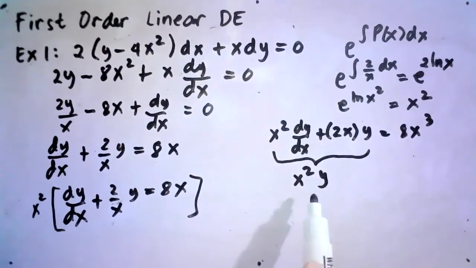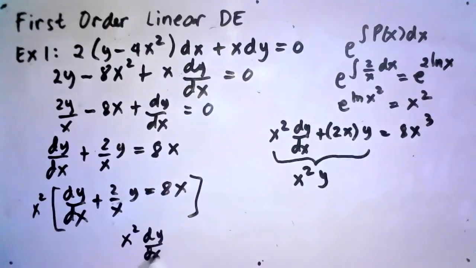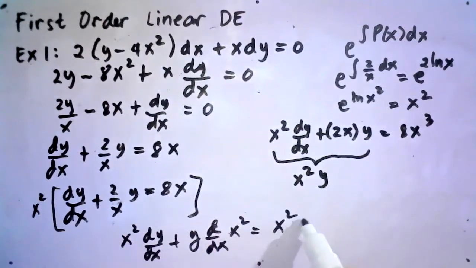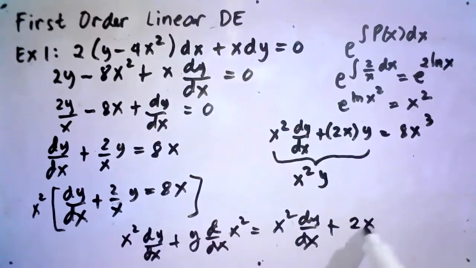So remember, if we take the derivative of x squared y, we have x squared times the derivative of y with respect to x plus y times the derivative of x squared, which is 2x, so 2xy.